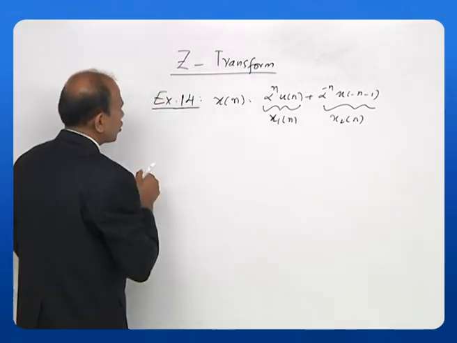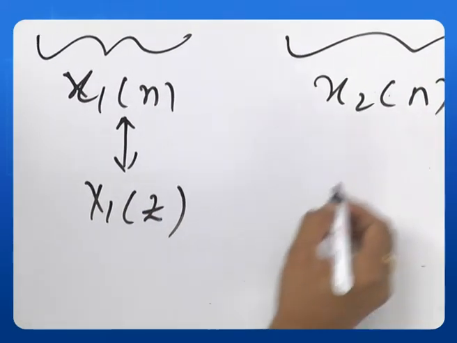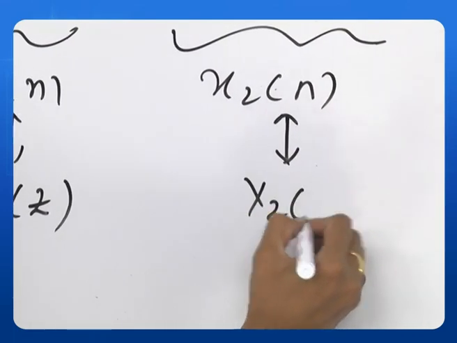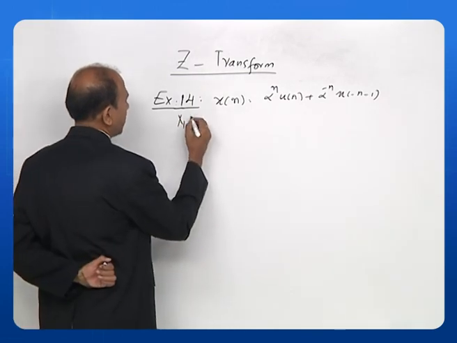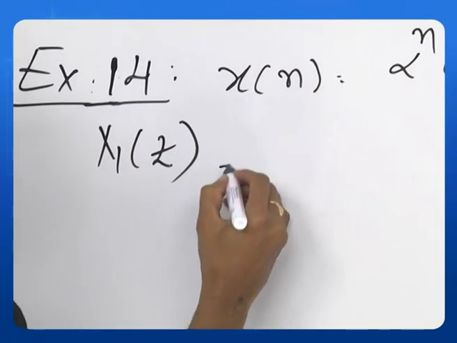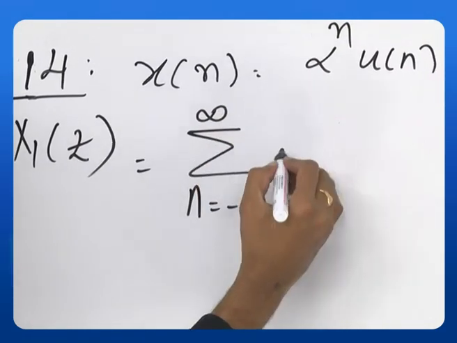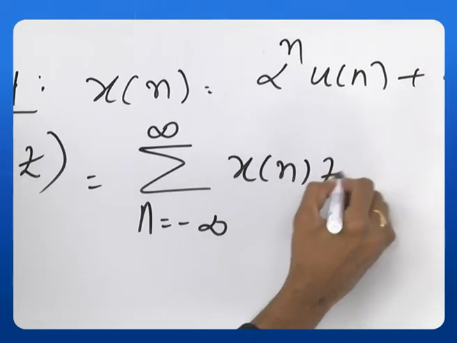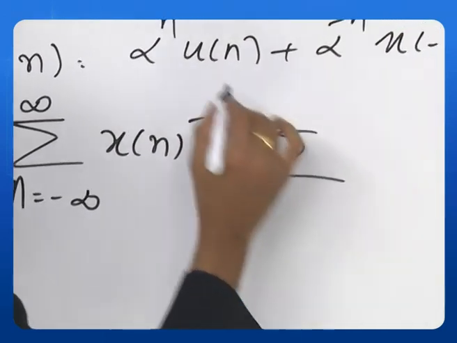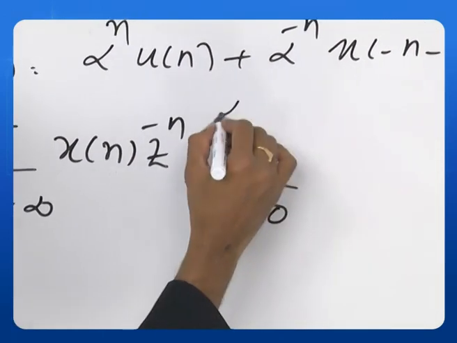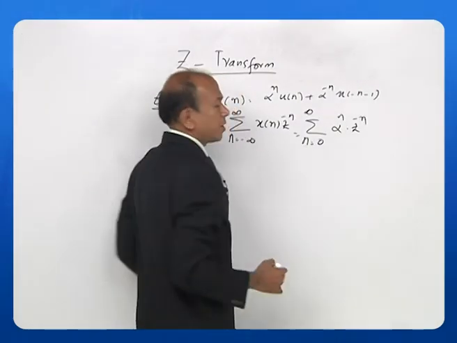Let us start with the first one, and say this has x1 of z as its transform and the second has x2 of z. Let us calculate x1 of z. That is equal to summation n equals minus infinity to plus infinity of x of n z to the power of minus n. Since this is u of n, n goes from 0 to infinity of alpha to the power of n z to the power of minus n.